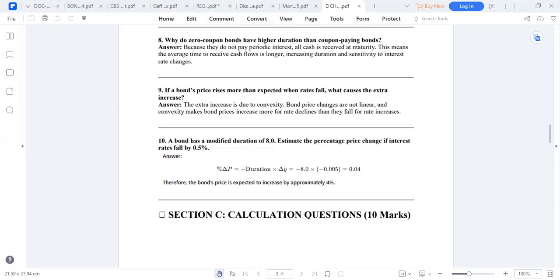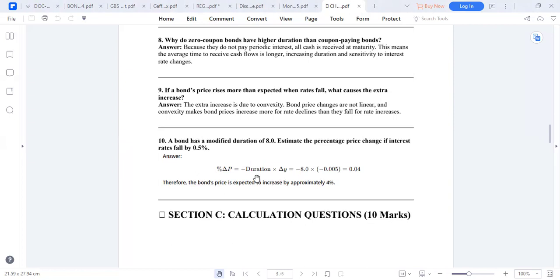So here we want to calculate the price change. The price change is given by minus modified duration times the yield change. In this case, we have our duration, which has been given as 0.8, and the change in interest rates is 0.5%.